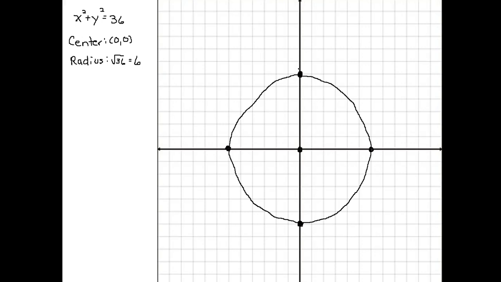But there you go. Now, if you wanted to put it in the calculator, which we'll do too, let's look at it in the calculator. You have to take x squared plus y squared equals 36 and solve for y. So you're going to have to take positive and negative square roots.